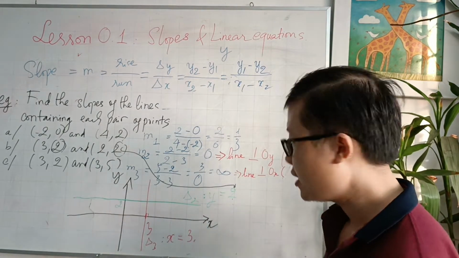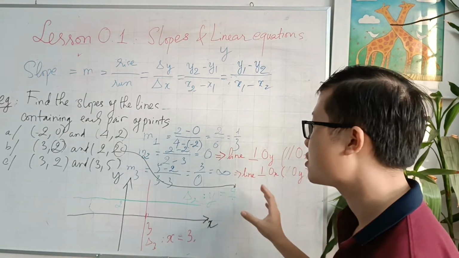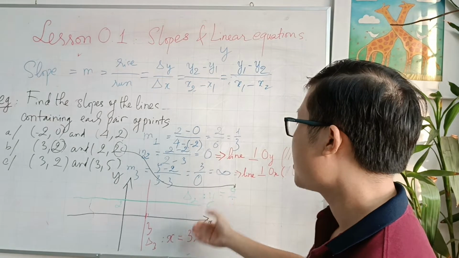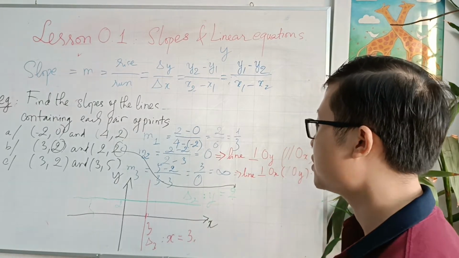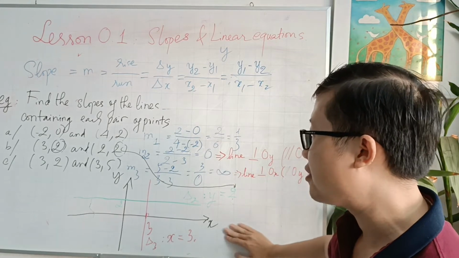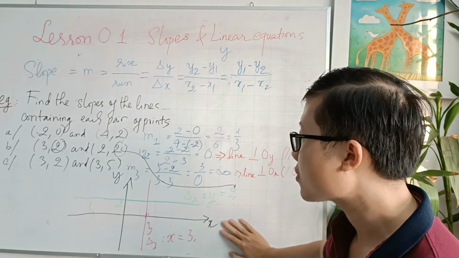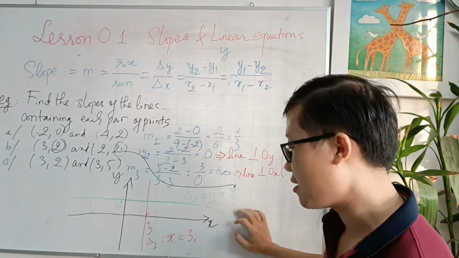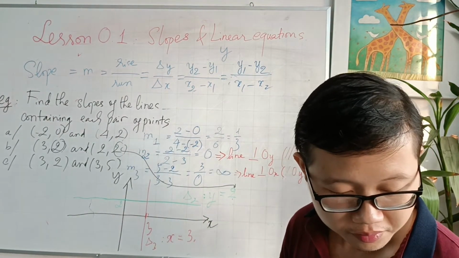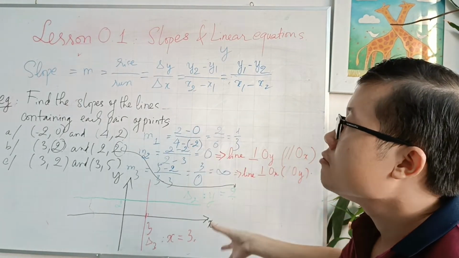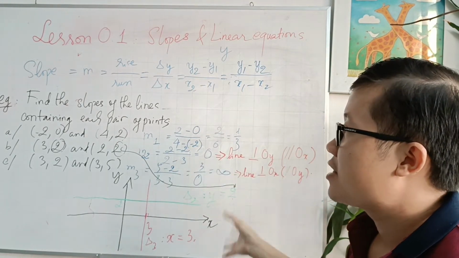Okay, these are two special lines, with slope equal to 0 and slope approaching infinity. I will illustrate these lines on my board. You must remember this special information. So that is the formula of slopes and some examples applying this formula.